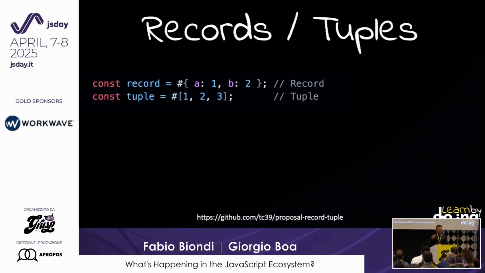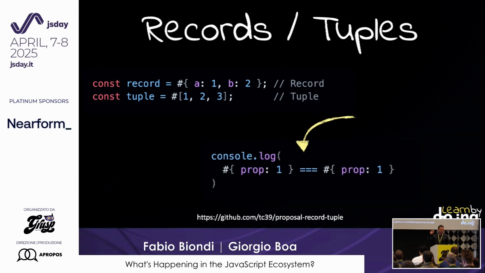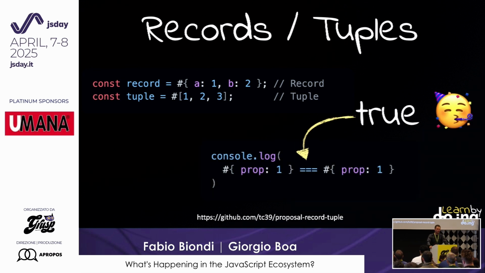For example, equality of records and tuples works like JS primitives, I mean boolean and string. What does it mean? It means that we can compare objects by content and not by identity. In my opinion, this is a revolution. Okay, what do you think?